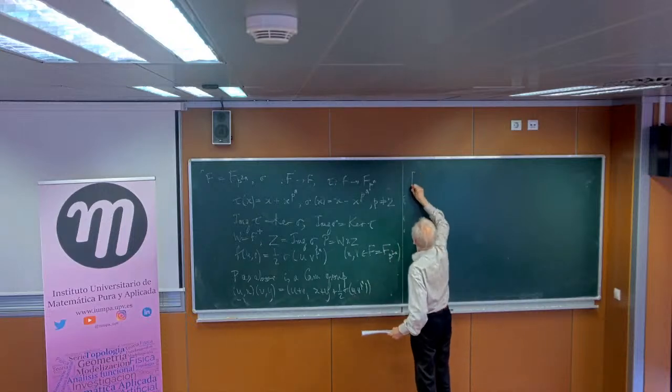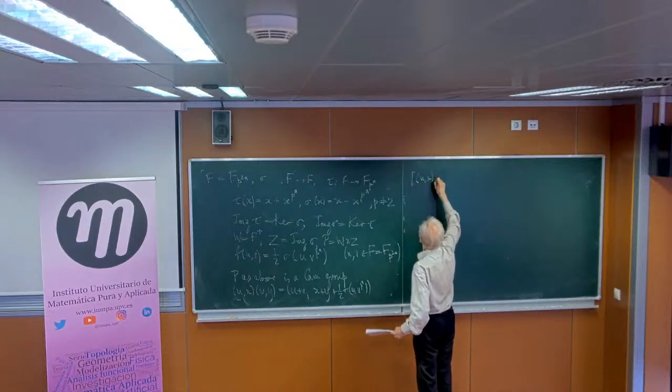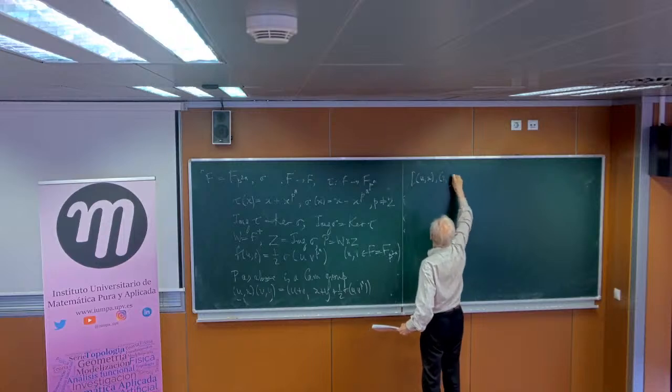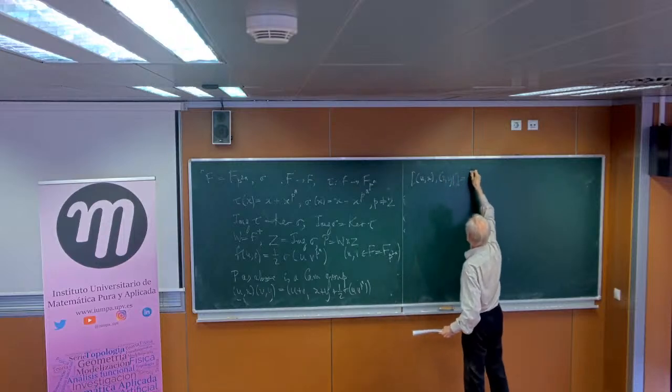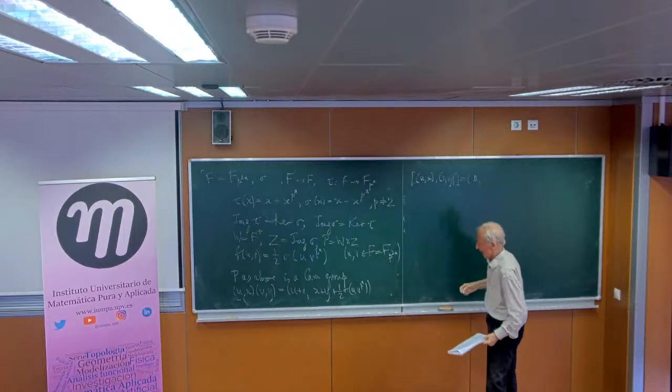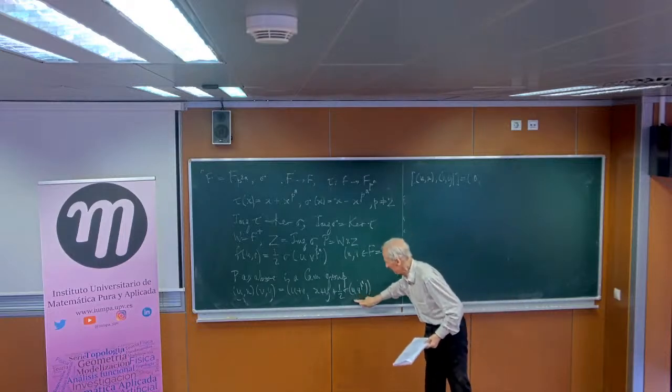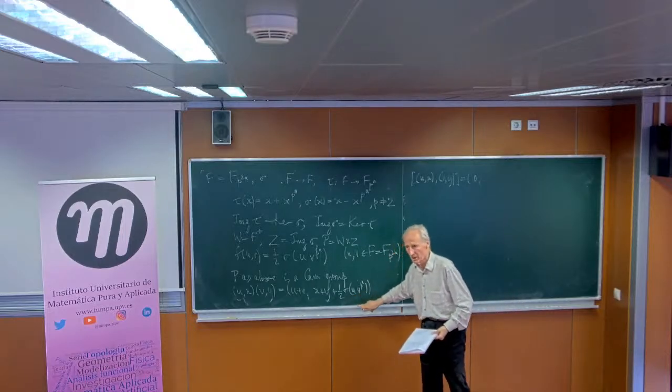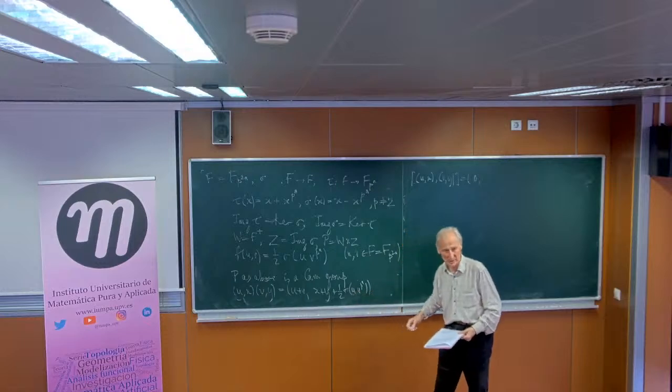And then the commutator of the two things, Ux and Vy. The first entry is 0, and the second entry is as it was before. It's this thing minus the thing with U and V interchanged.